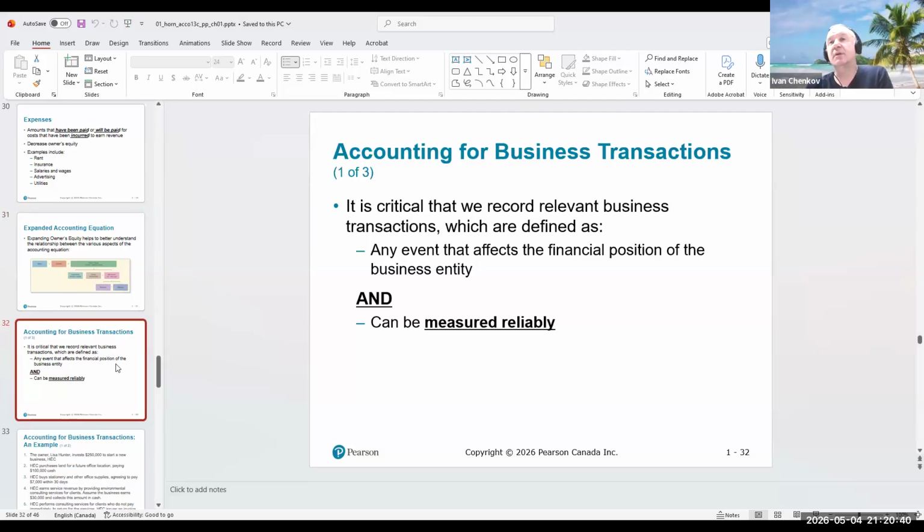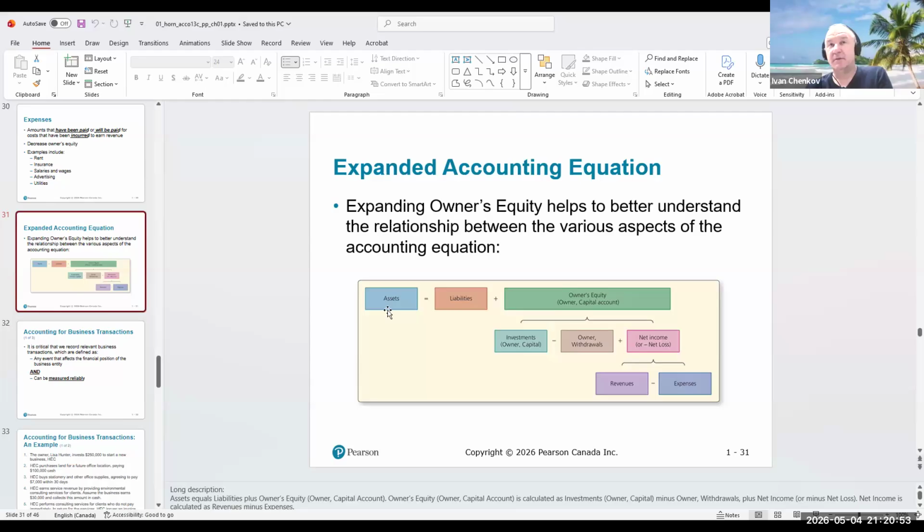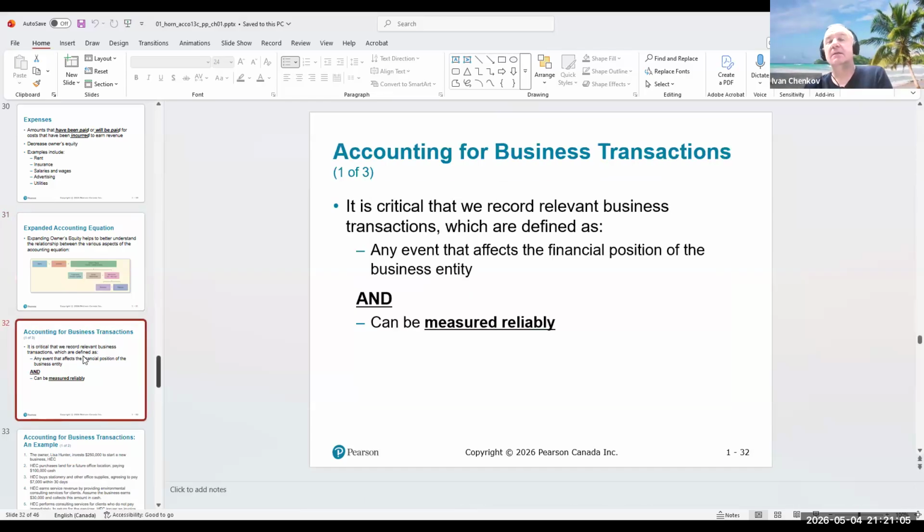That transaction is going to become a part of the accounting system, from which we're later going to prepare the reports and show them to the users as financial statements. So the first requirement is that the transaction has an effect on any of those elements: asset, liability, revenue, expenses, owner's withdrawal, owner's capital. And the next thing, it has to be measurable.